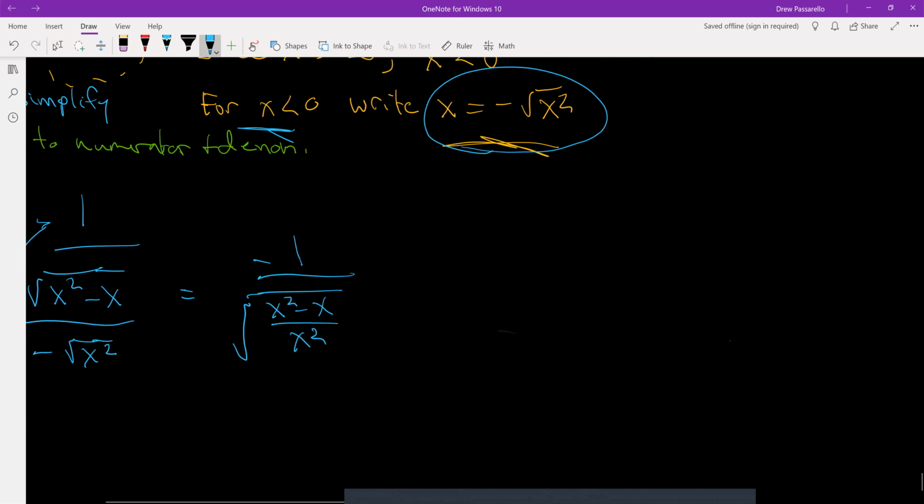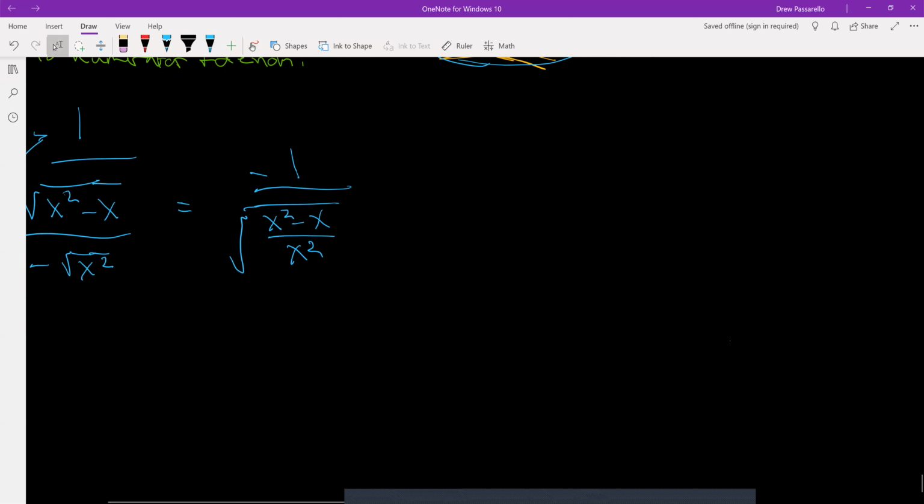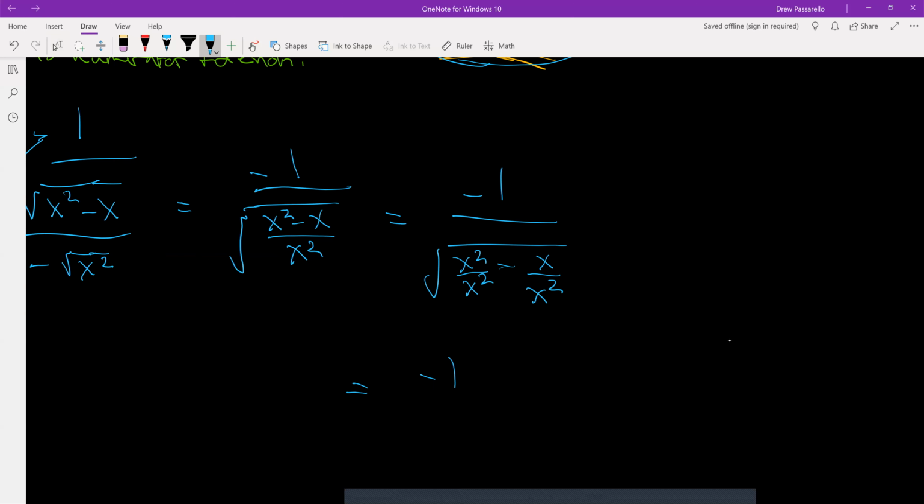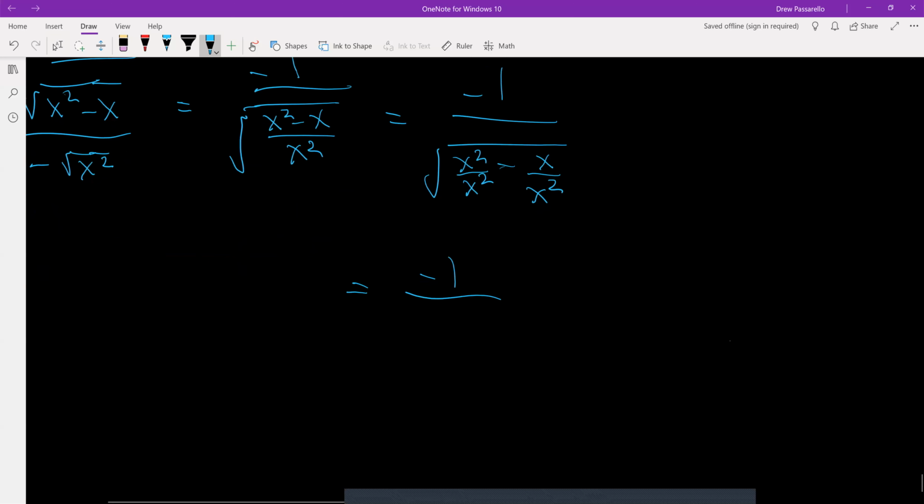And so I'm going to end up dividing x squared by x squared and then x divided by x squared. So I have x squared divided by x squared and then minus x divided by x squared. So that's going to equal minus 1 divided by the square root. x squared divided by x squared is 1. And then minus x divided by x squared, that's 1 over x. All right, that's as far as I can go with the simplifying.